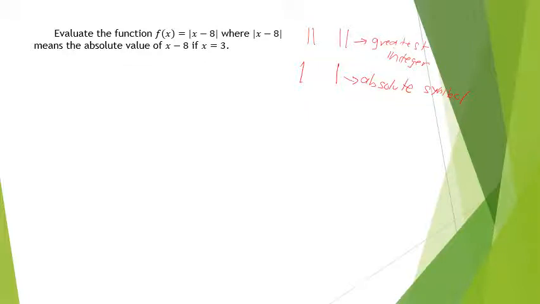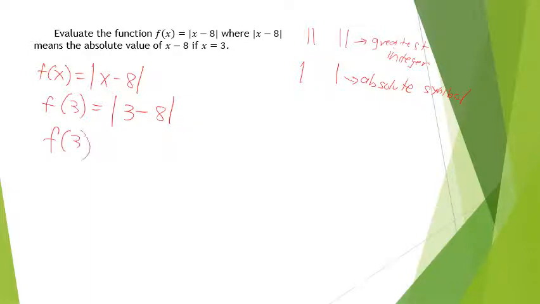Evaluate natin, sulat muna natin yung function. F of x is equal to the absolute of x minus 8. Replace daw natin yung x ng 3. So, f of 3 is equal to the absolute of 3 minus 8. Simplify natin yung kanan. Ang loob, 3 minus 8, negative 5. So, f of 3 is equal to absolute value ng negative 5. 5, syempre.